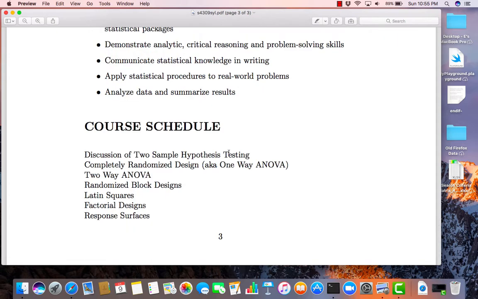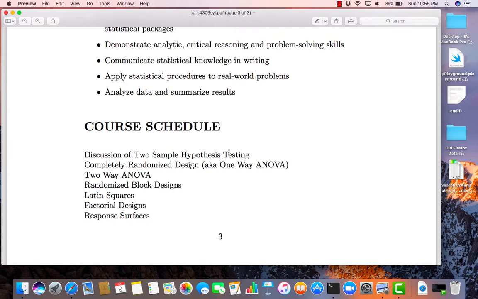And then here's the course schedule. We'll be talking about 2-sample hypothesis testing. I know you did 1 sample in 3309. If you took 3310, which I hope you did, I know a lot of you are saying, oh, was I supposed to take that? And your eyes are all round and sad like puppies.